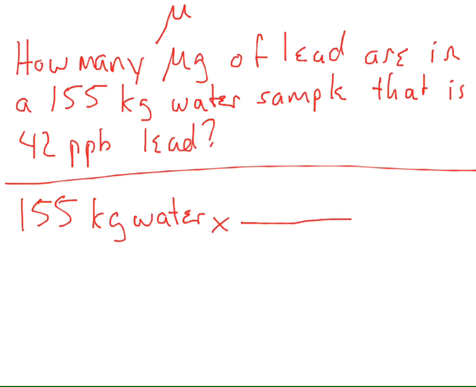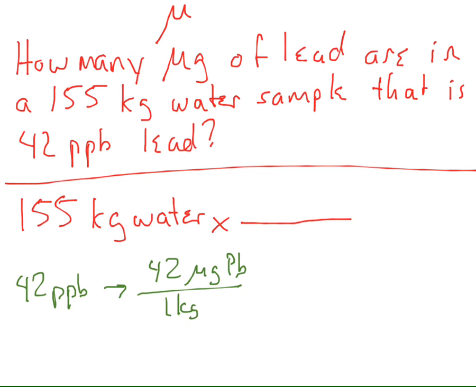Well, I know there's 42 parts per billion of lead. So 42 parts per billion, that's the same as 42 micrograms of lead out of every kilogram of water. Part per billion is the same as micrograms out of kilograms, you just said.